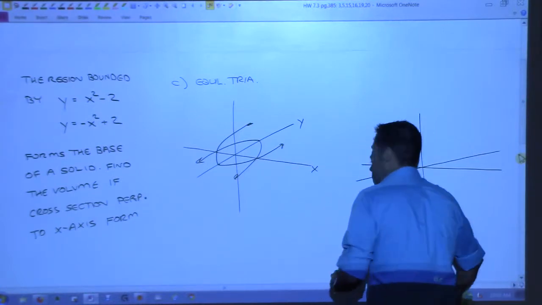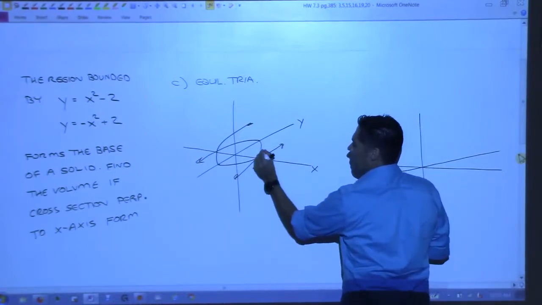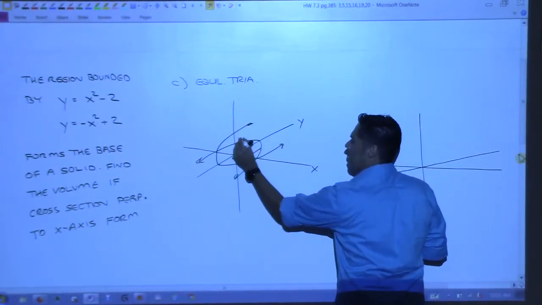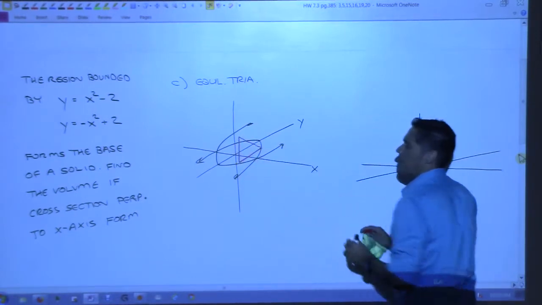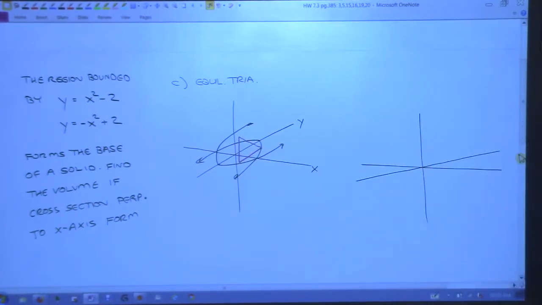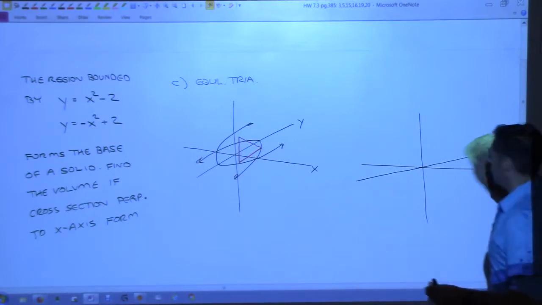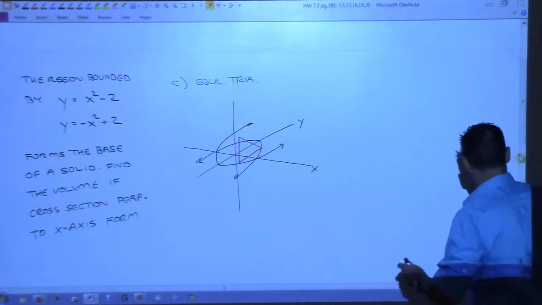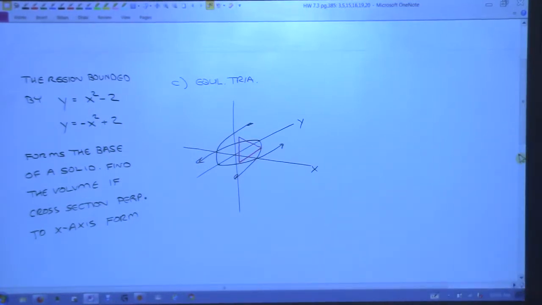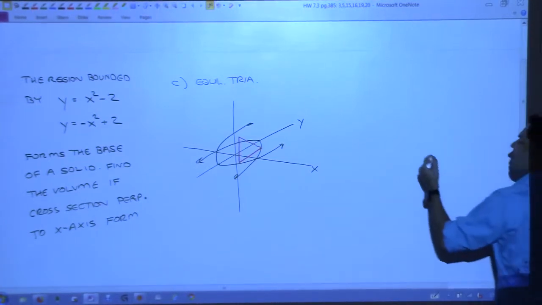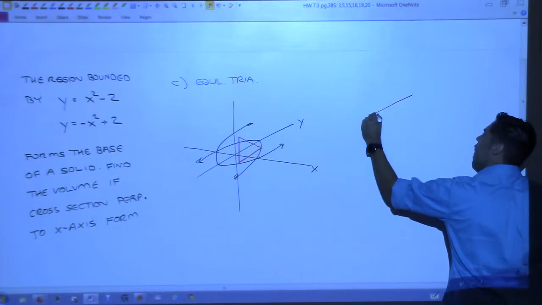And then I've got my little piece here, and that's going to form an equilateral triangle, right? So let's take a look at that equilateral triangle. Put it up here.